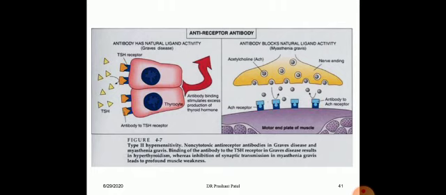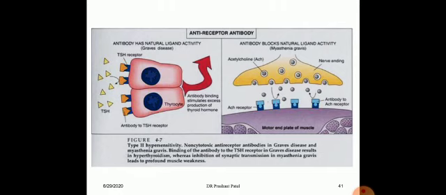In thyrotoxicosis or Graves' disease, what happens? Antibody to the TSH receptor binds and activates the thyrocytes, so it stimulates more thyroid hormone, ultimately resulting in thyrotoxicosis or Graves' disease.